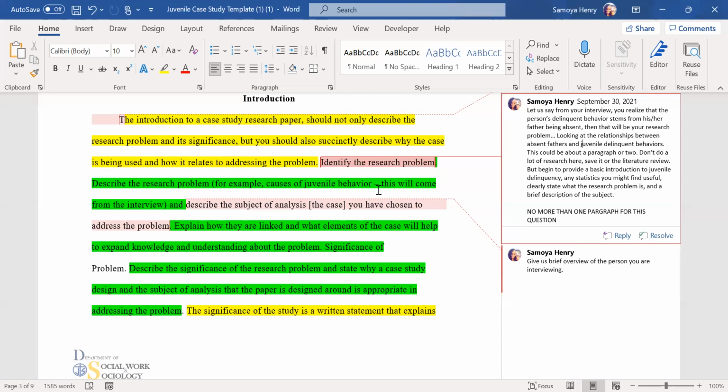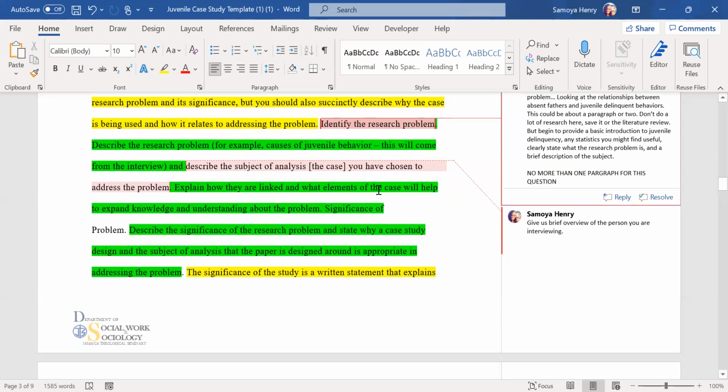Losing the parents contributed to that, yes, and getting into the foster care system contributed to that as well. So a research problem could be looking at the relationship between parental loss and juvenile behavior, or looking at how the foster care system promotes juvenile behavior, right? So that is what I mean by identifying the research problem, okay?